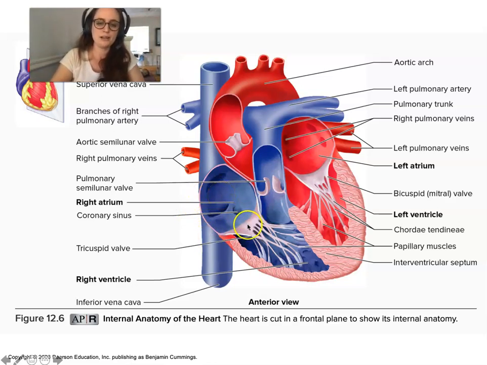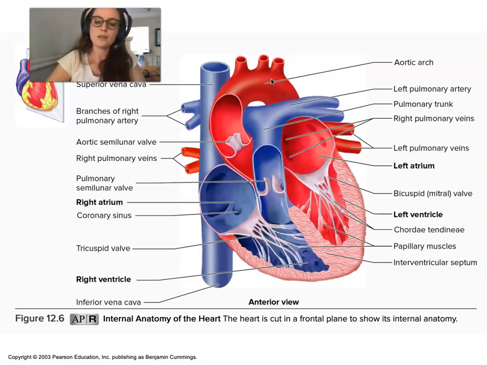We go through the tricuspid valve into the right ventricle. We go through the pulmonary semilunar valve to the pulmonary trunk, to the pulmonary arteries, to the lungs, oxygenation. Oxygenated blood returns through the left and right pulmonary veins to the left atrium, through the bicuspid or mitral valve to the left ventricle, through the aortic semilunar valve to the aorta, and then to the rest of the body.